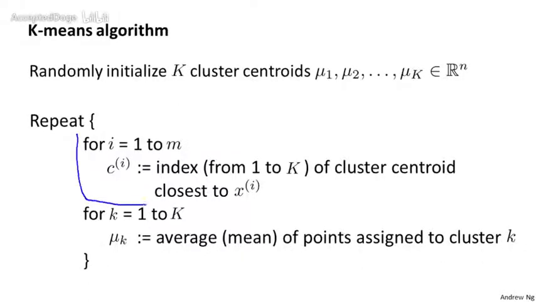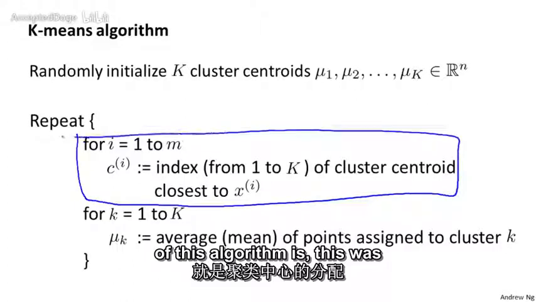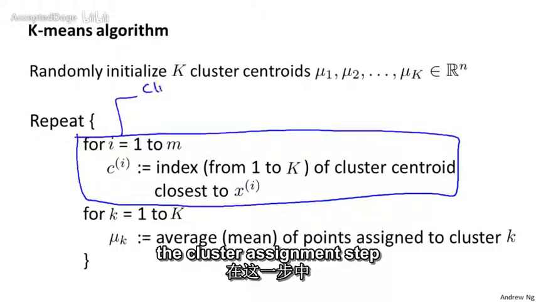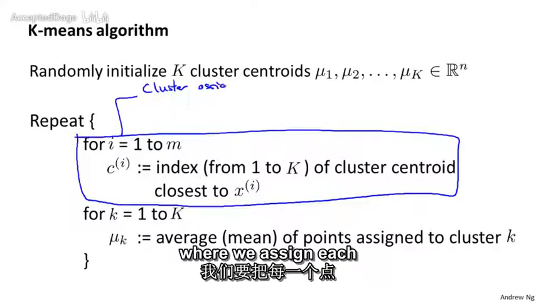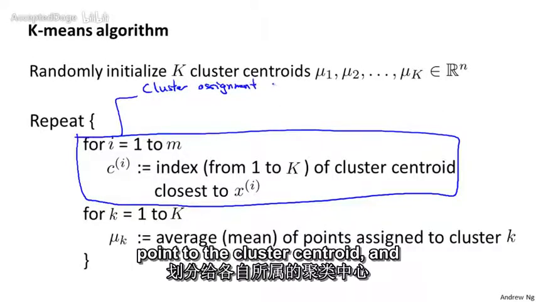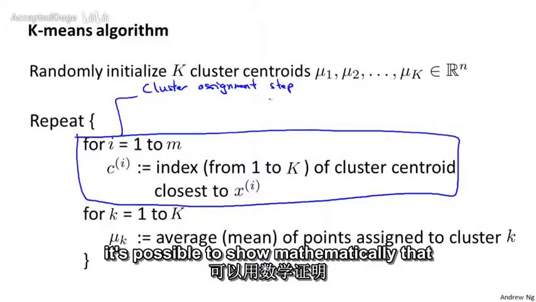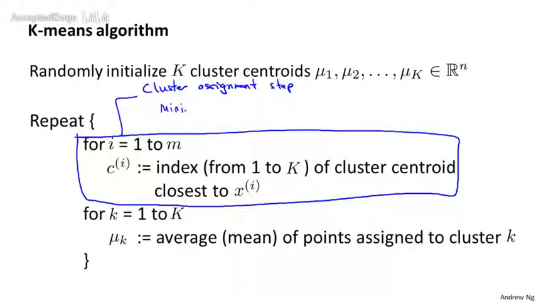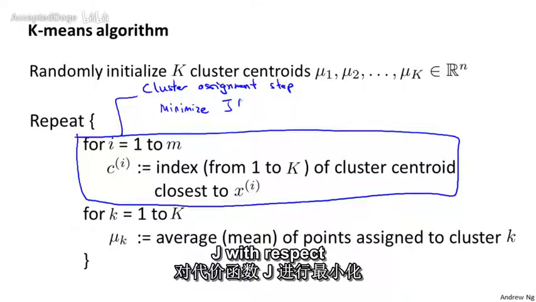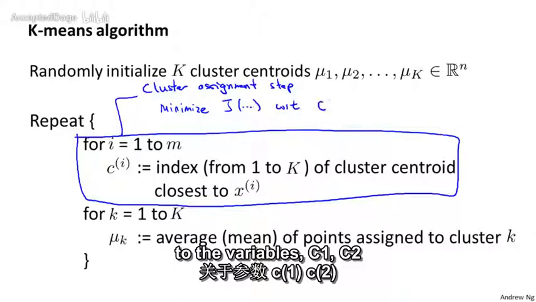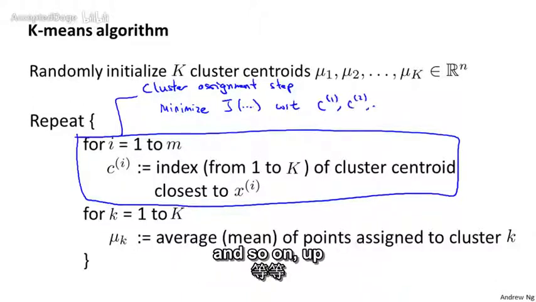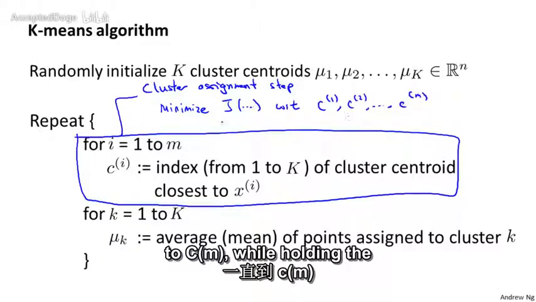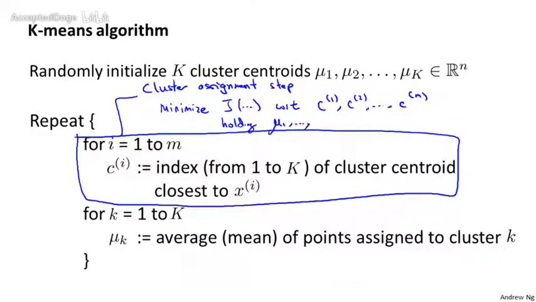The first step of this algorithm was the cluster assignment step, where we assign each point to a cluster centroid, and it's possible to show mathematically that what the cluster assignment step is doing is exactly minimizing J with respect to the variables c^(1), c^(2), and so on up to c^(m), while holding the cluster centroids mu_1 up to mu_K fixed.